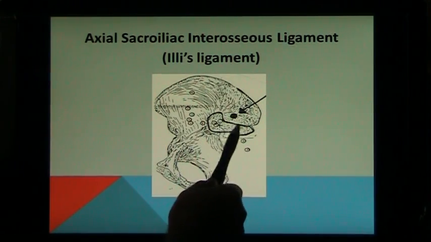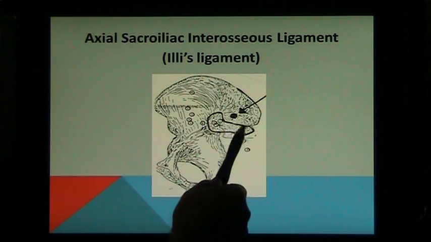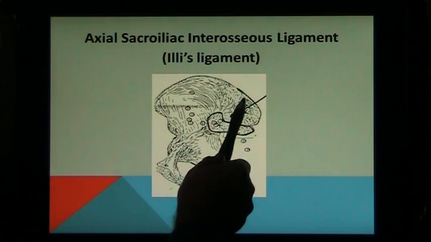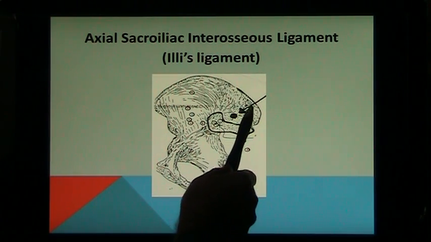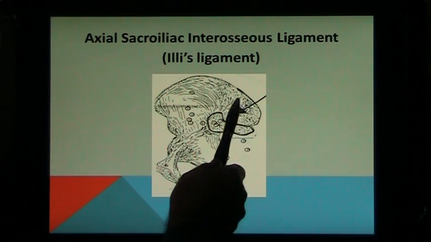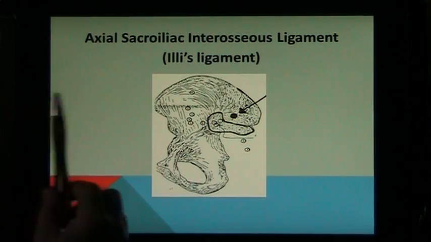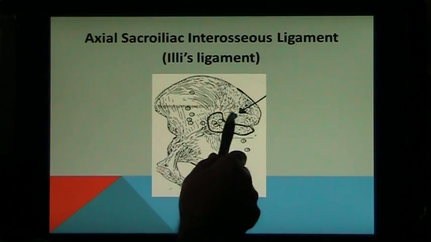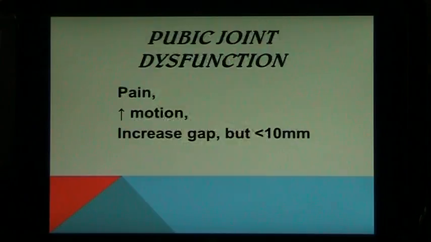Well, here is the articulating part of the ilium, which is made up of fibrocartilage that makes up the SI joint when it connects to the sacrum. And all of this is the iliac tuberosity, just full of ligaments. And then back here there's some muscle, but honestly, a tremendous amount of ligamentous territory there, primarily the interosseous ligament. And this round critter there is the axial ligament, Illy's ligament.